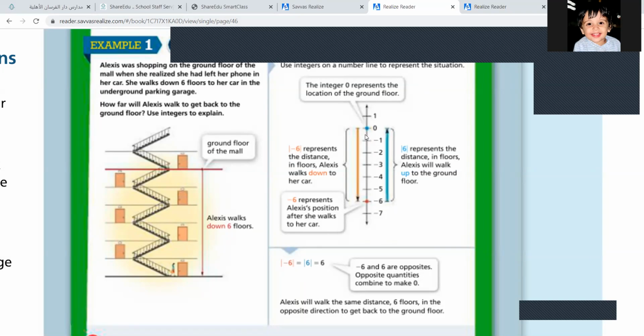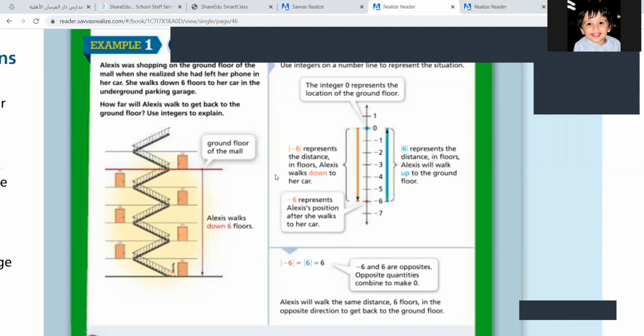They have said 0, minus 1, minus 2, minus 3, minus 4, minus 5, minus 6, minus 7. From 0 to minus 6, they can even write it like this in the bar. Minus 6 represents the distance in floors. Alexis walks down to her car.